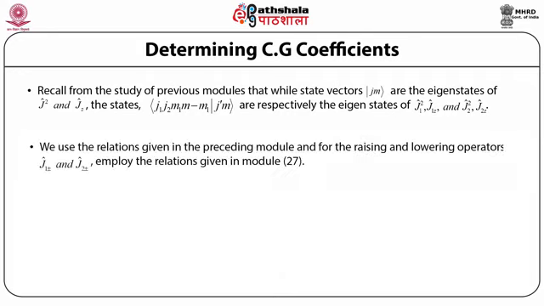We use the relations given in the preceding discussion and also our knowledge of the raising and the lowering operators. That is, for particle 1, we can define the raising operator as J1 plus and the lowering operator as J1 minus.